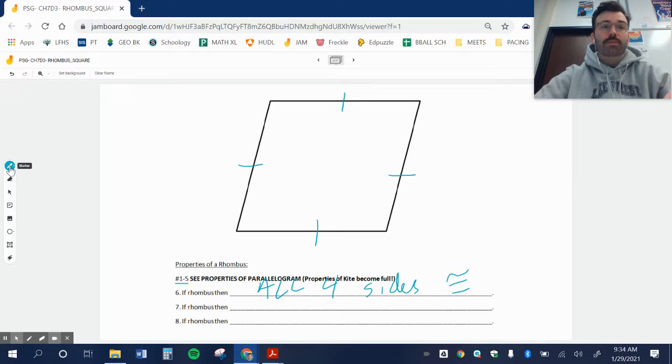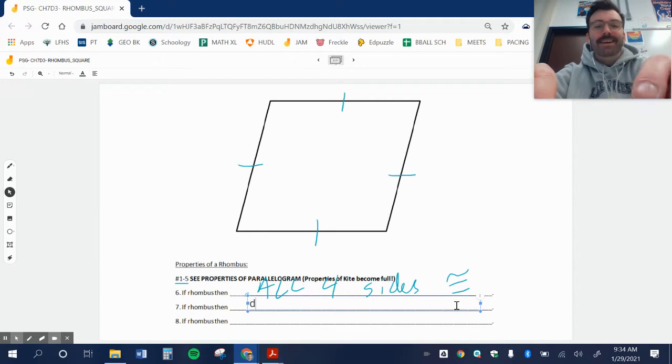Our next unique property of a rhombus is, I think it might be better if I just type this out because my handwriting's not very good. The diagonals are perpendicular.